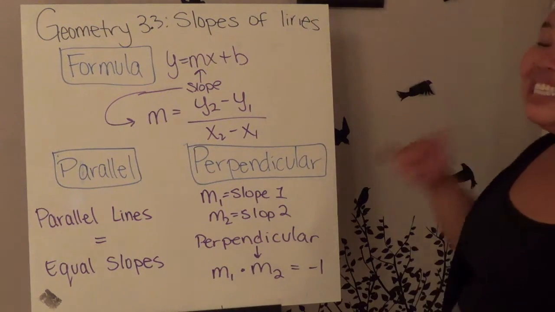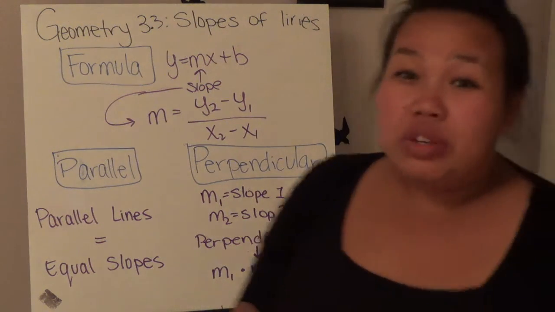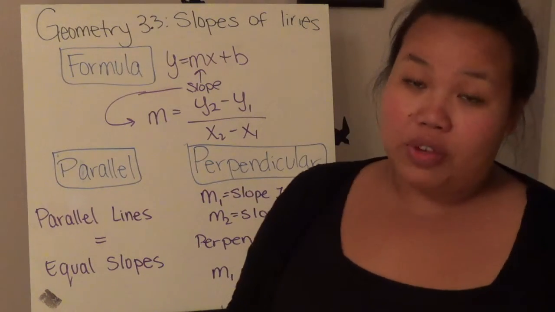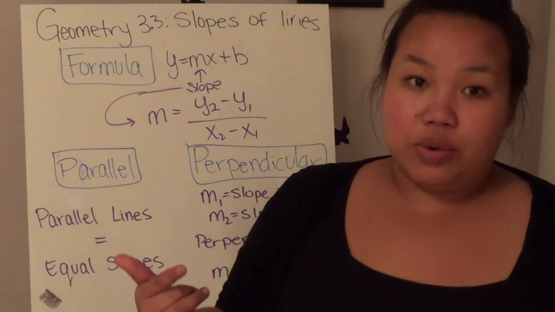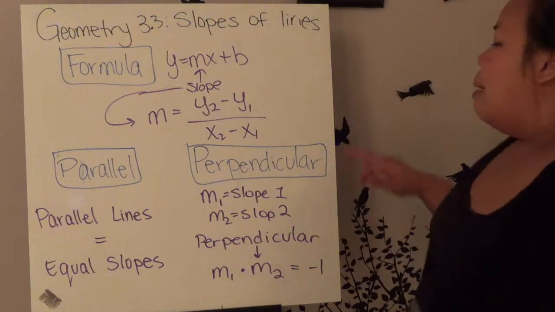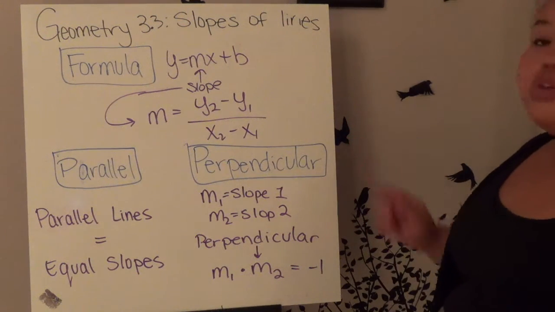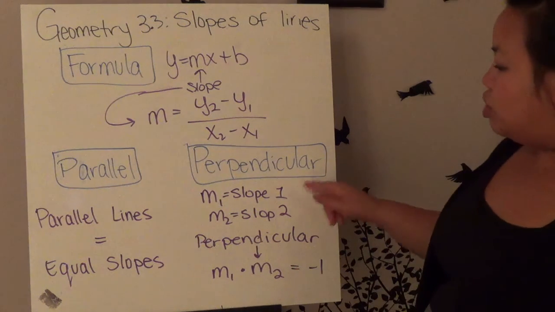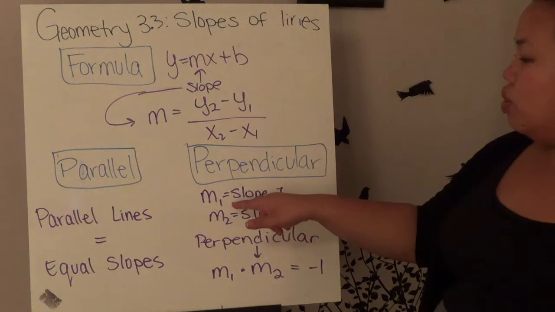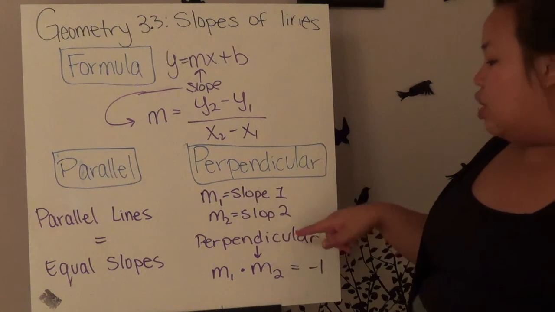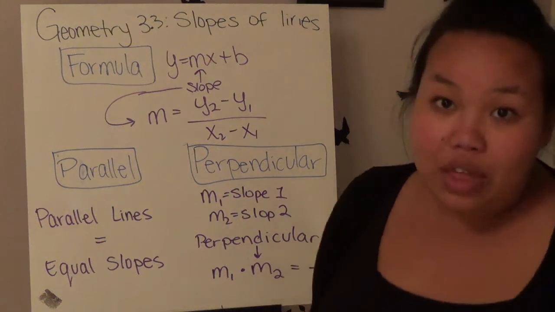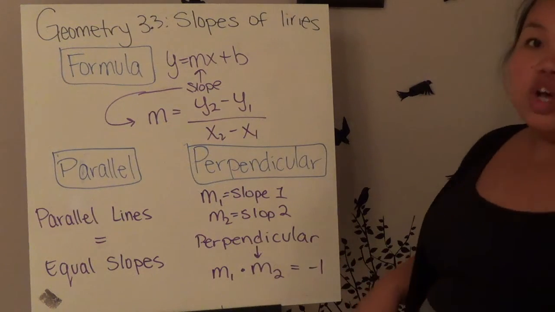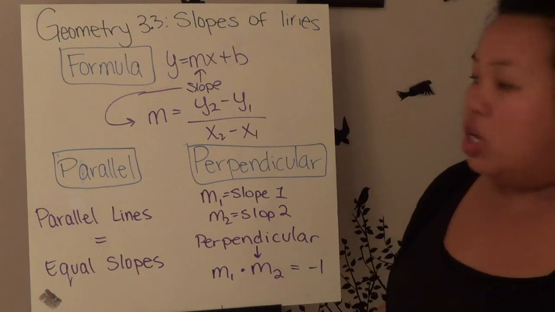Perpendicular is the exact opposite. Not only do they intersect, but they intersect so perfectly that they create a what? A 90-degree angle. So how you know they're perpendicular is that if you take the two m's, the slope for the first equation and the slope for the second equation, and you multiply them together, you should get -1. That's called a negative inverse.